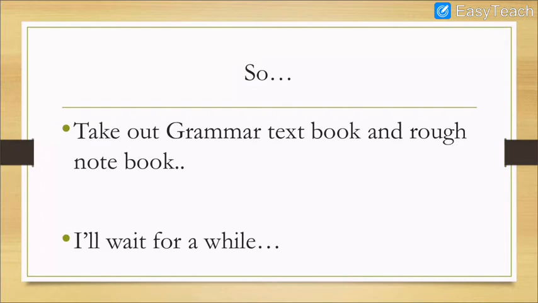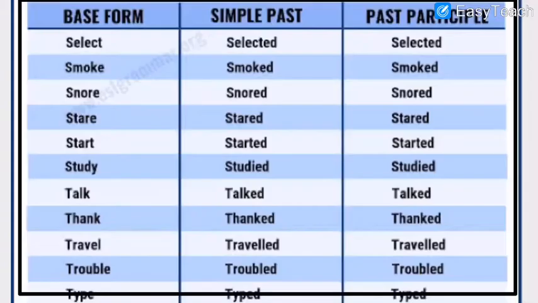Now I hope that you have taken out your books. So let's get started. Before starting anything, I will request you to write a few things. As you can see, I have presented a table before you. Quickly write it down. These are the headings: base form, simple past form, past participle form.